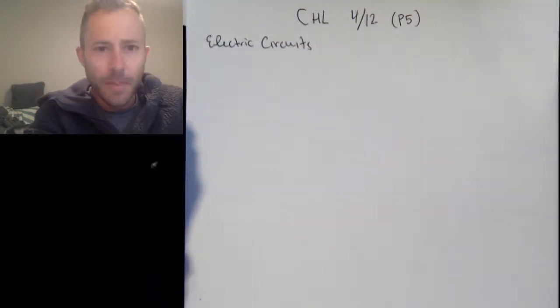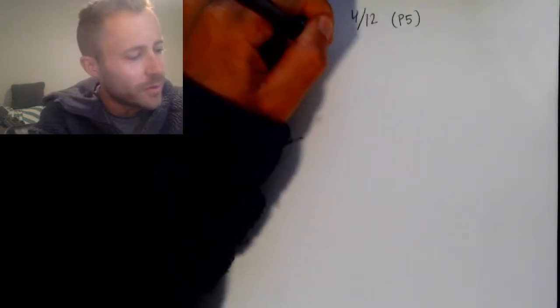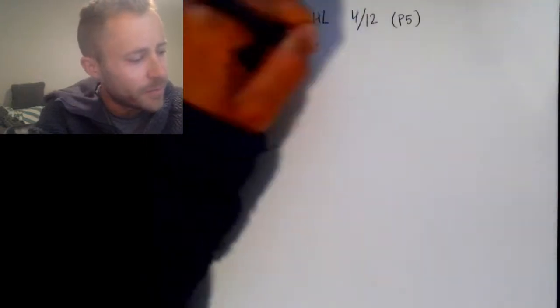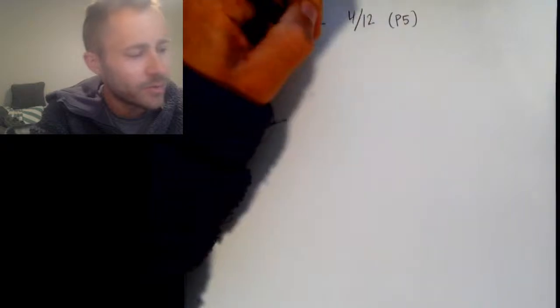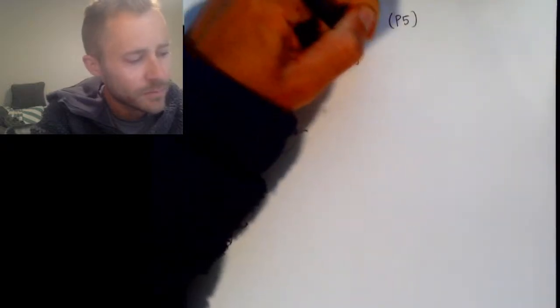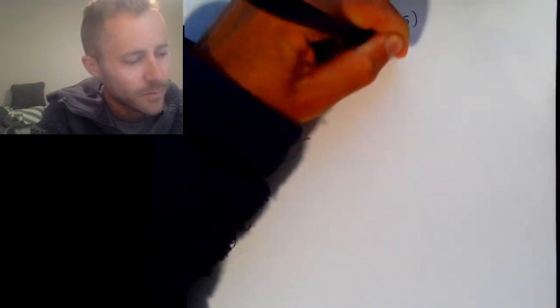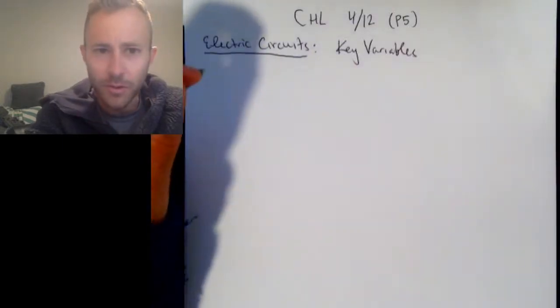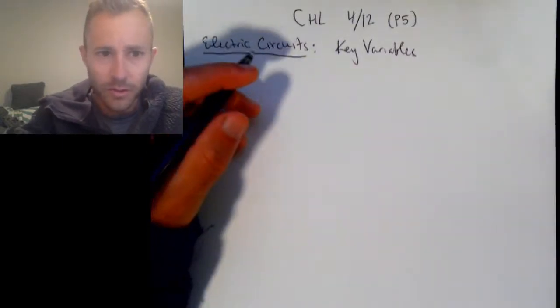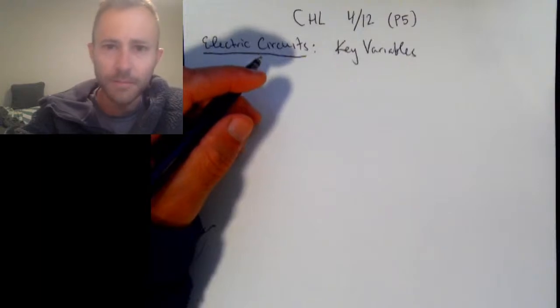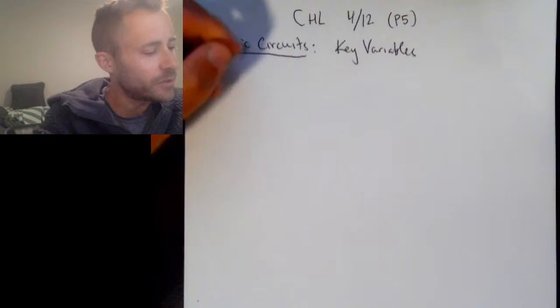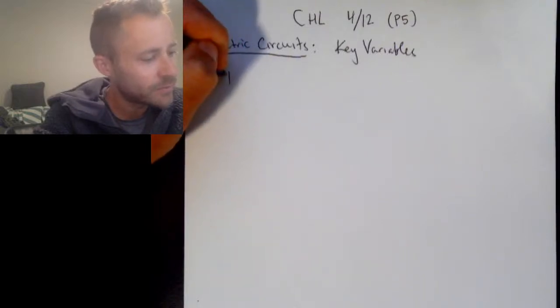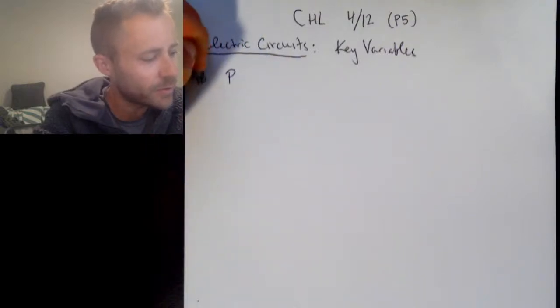And so the key variables. The variables that are most used in electric circuits are potential difference, electric potential difference.